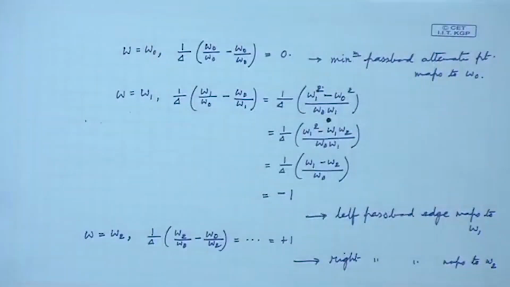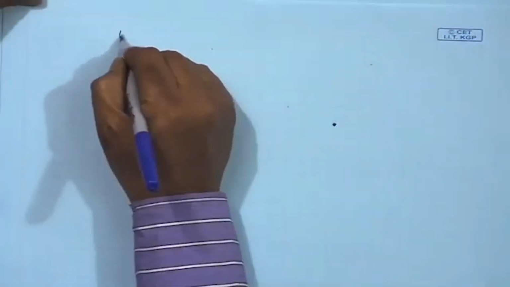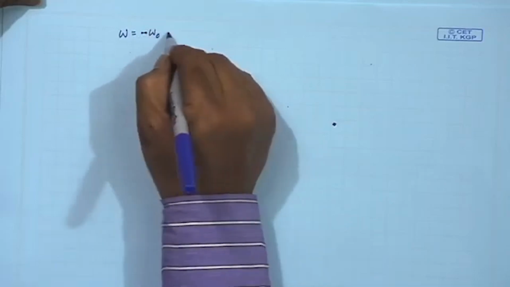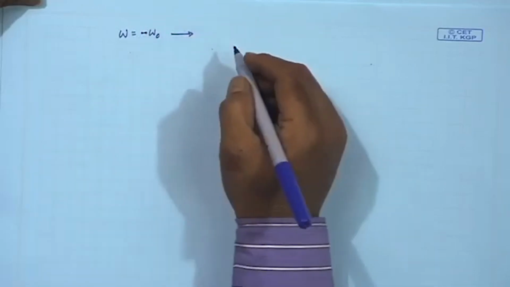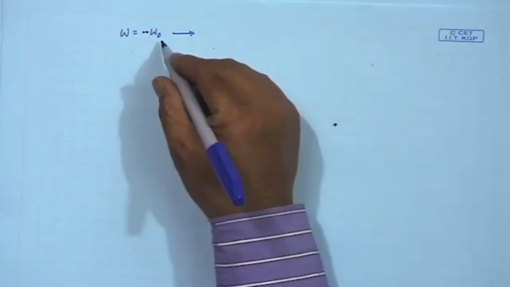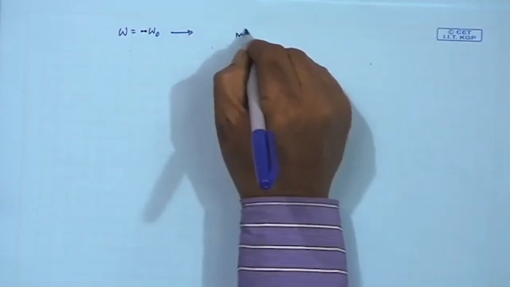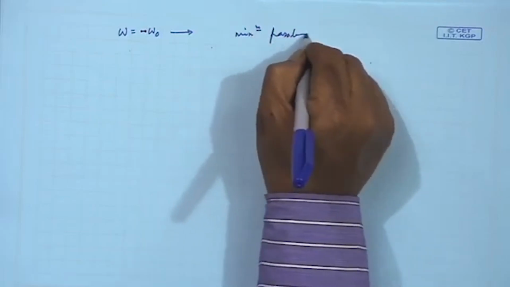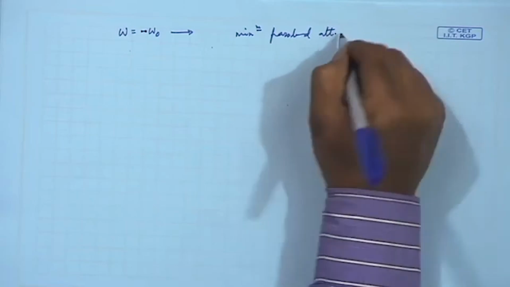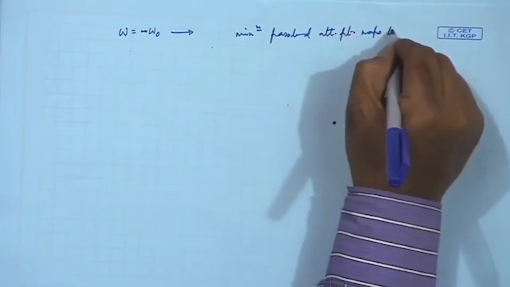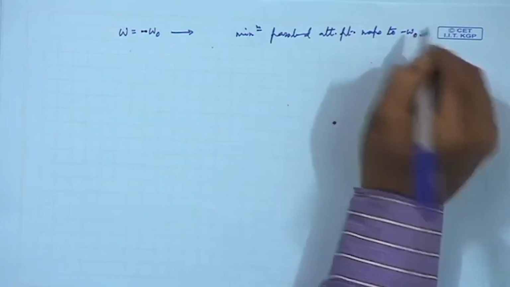Now, you see if we map again omega is equal to minus omega naught, you will see that the minimum passband attenuation point again maps to minus omega naught.